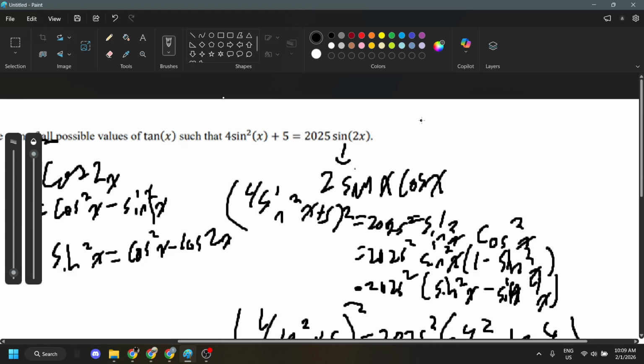Let's say sine of x is equal to 0. We have 5 is equal to 2025. No, 5 is equal to 0 now. So sine of x doesn't equal 0. I guess we try 1. Would that be 4 plus 5? 9 is equal to 2025 times 1 times 0. No. Doesn't equal 0, doesn't equal 1, doesn't equal anything else.